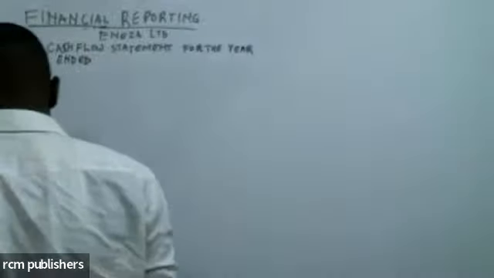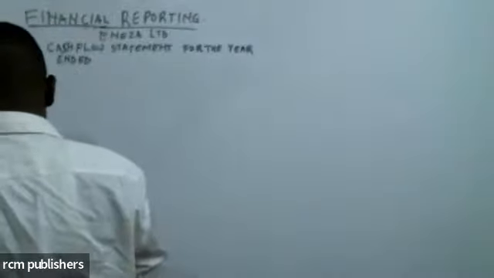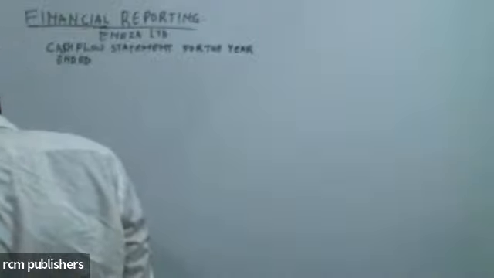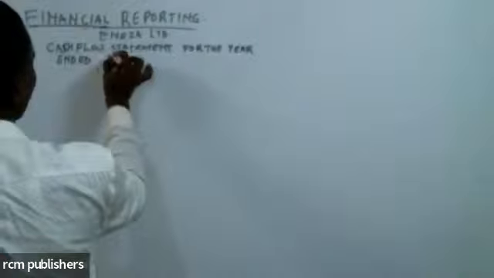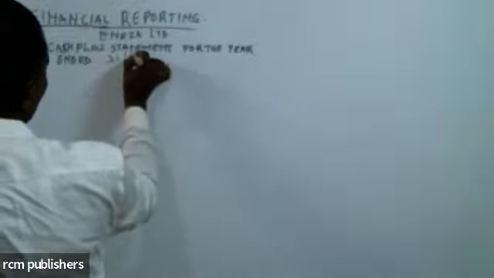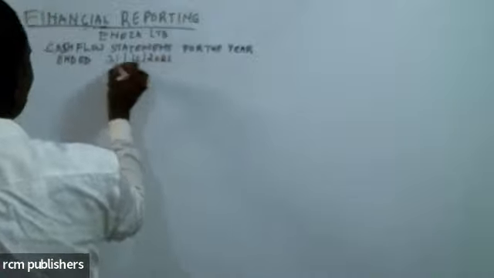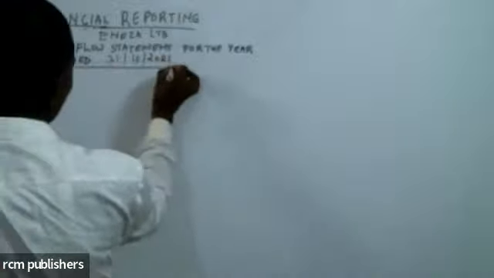This is 31st of what? This is the year ended 31st of October 2021.